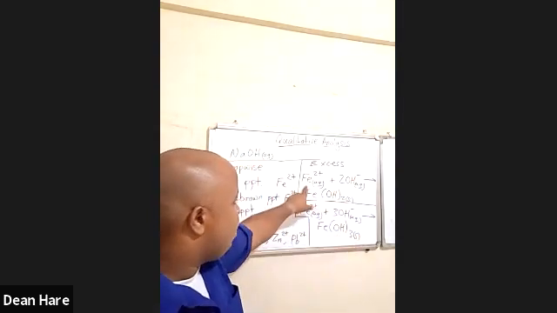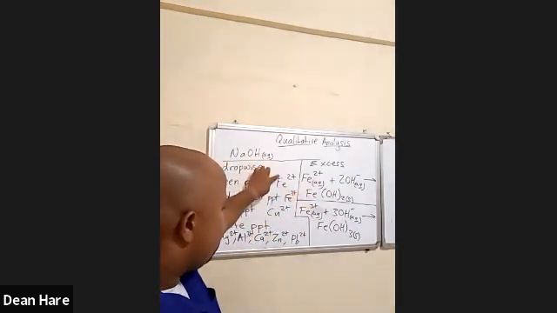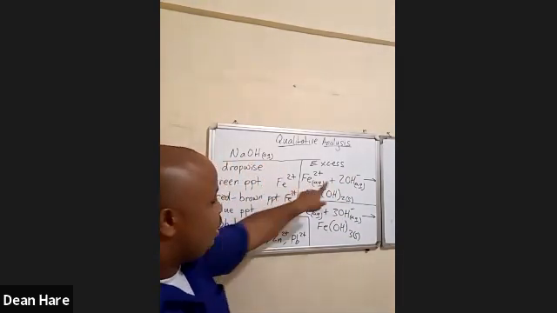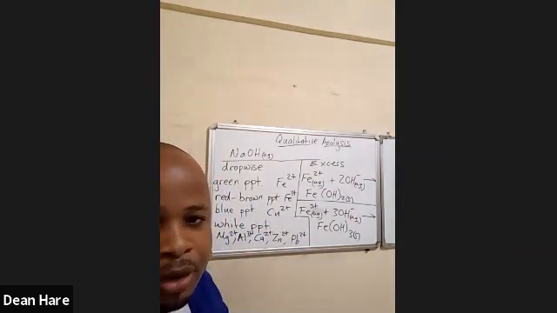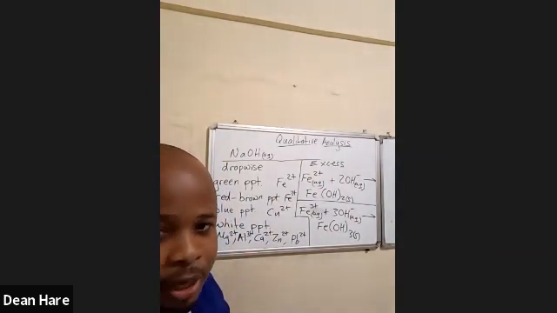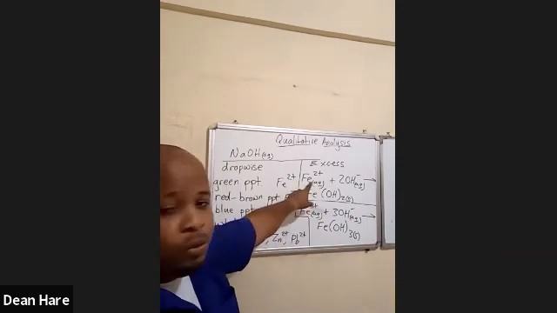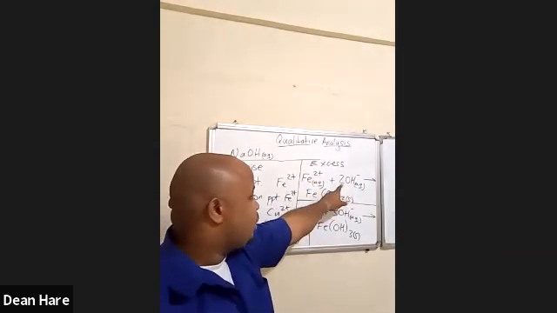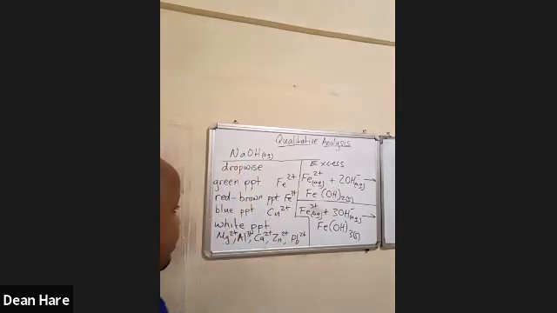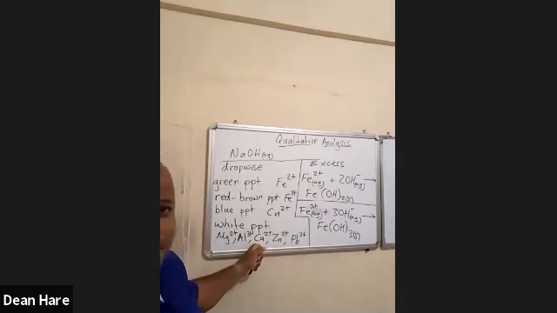So this would be your ionic equation: any of the cations with the hydroxide ions. If you're asked to write an ionic equation or just an equation, this is how you will do it. Right? So let's now move on to the white precipitate.